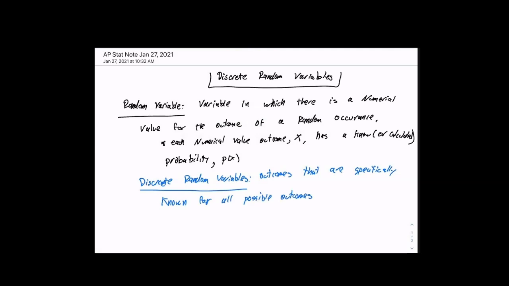We'll also, towards the end, talk about continuous random variables and how that applies. In other words, in this case we know what the outcomes are.